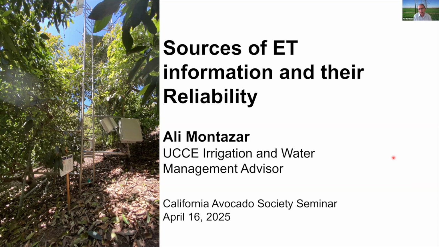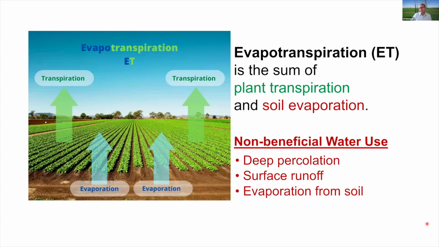I believe ET is the most complicated term of hydrology and soil-water balance. Perhaps that's the reason we call it ET, or evapotranspiration, which is the sum of plant transpiration and soil evaporation.